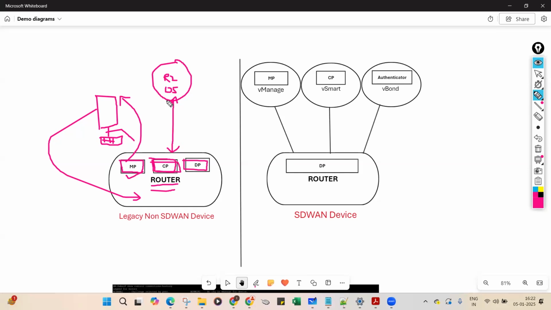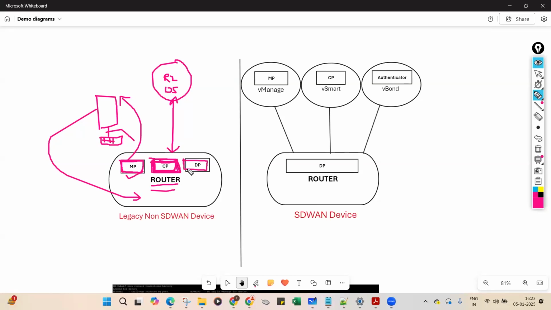And to build the topology, they exchange LSA packets, LSDB packets. So these packets are handled by control plane functionality. Okay, so the management functionality is handled by management plane. The control plane functionality is handled by control plane. Apart from OSPF, be it BGP, EIGRP, ARP packets, all these packets are handled by control plane.